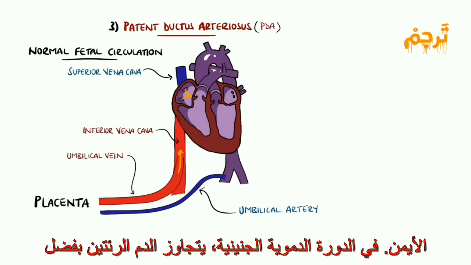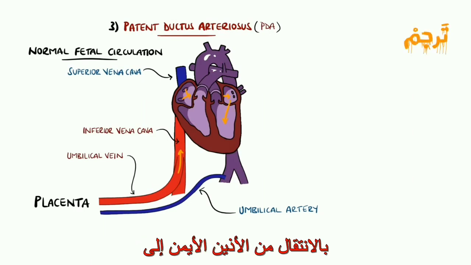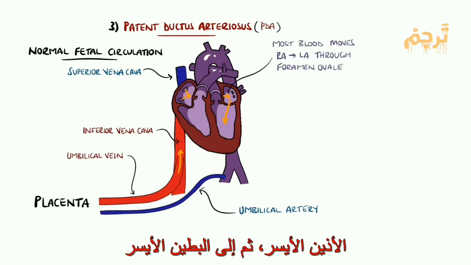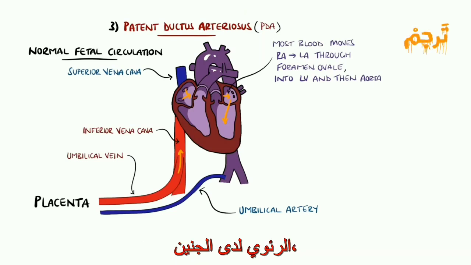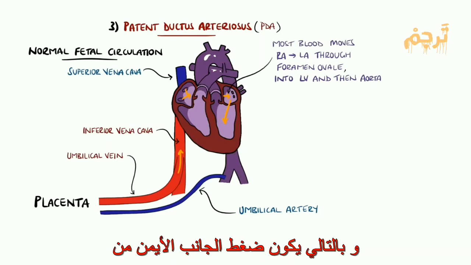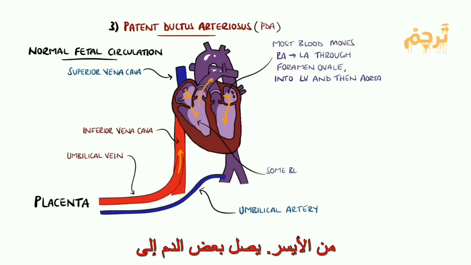Blood bypasses the lungs in fetal circulation, which is achieved by the presence of the foramen ovale that allows blood to move from the right atrium to the left atrium, and then into the left ventricle and aorta. This is because in the fetus there is a high pulmonary pressure, and so the right side of the heart actually has a higher pressure than the left.